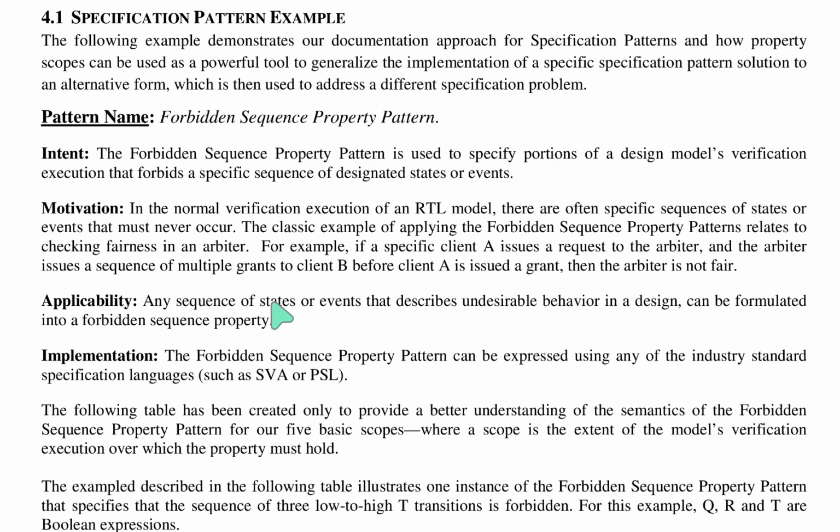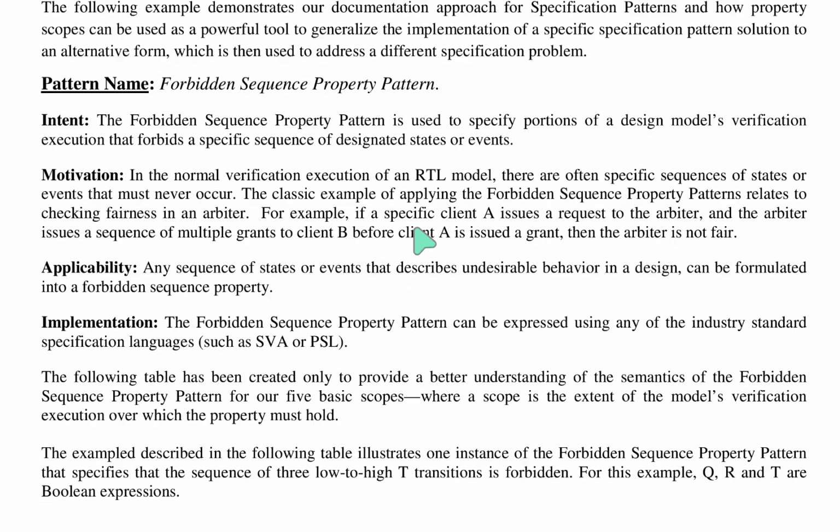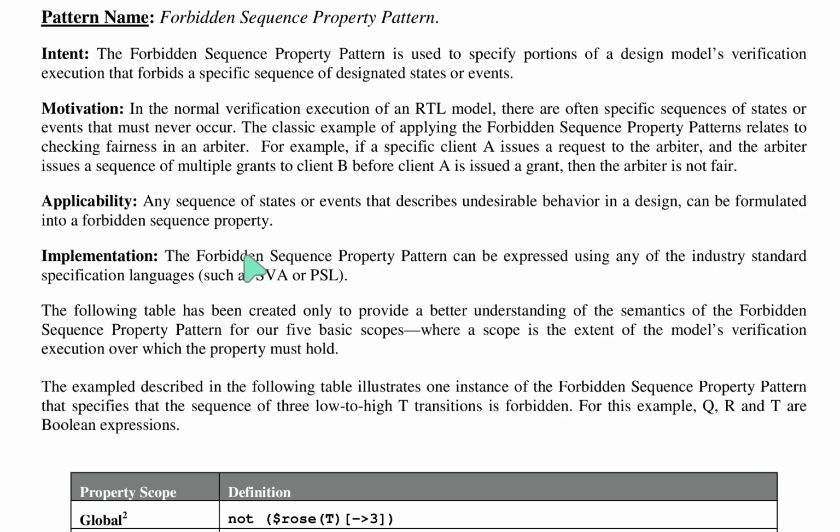And a sequence of states or events that describe the undesirable behavior in a design can be formulated into a forbidden sequence property. The forbidden sequence property patterns can be expressed using any of the industry standard specification languages such as SVA or PSL.